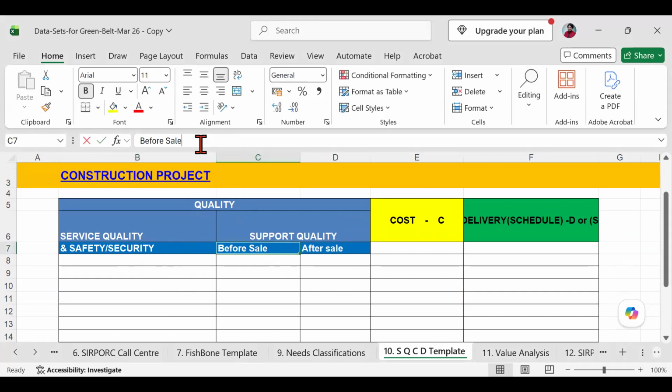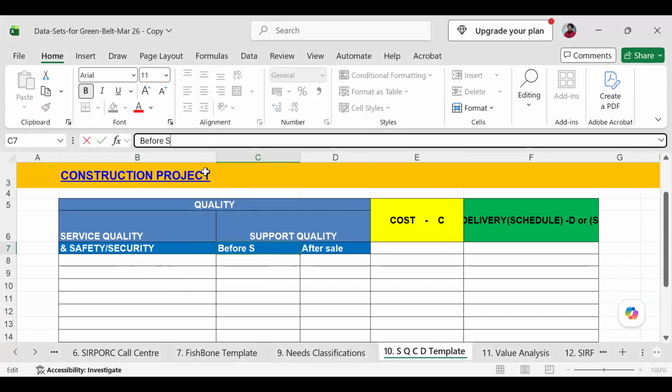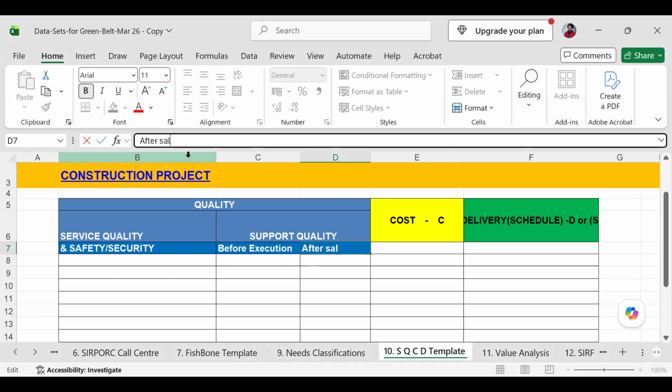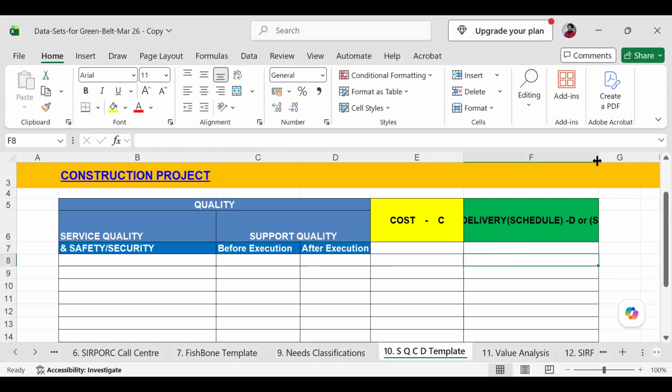What would be the support quality after execution? What would come under cost? You have to give examples. And what would come under delivery?